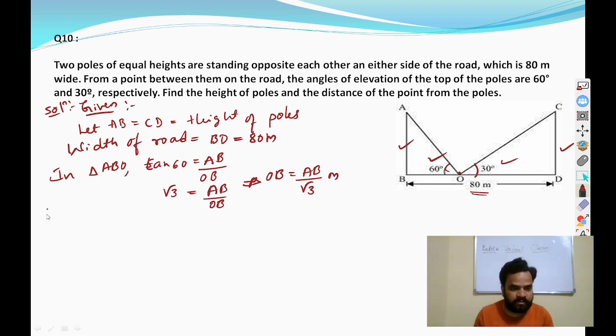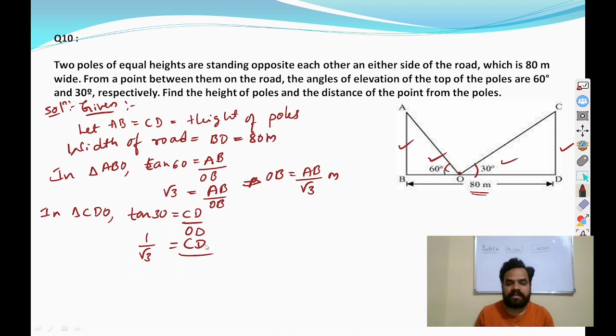I will take one more triangle now, in triangle CDO. Here also I will take tan 30 is equals to CD by OD. Tan 30 value is 1 by root 3. CD I don't know. I will keep the CD as it is, divided by OD. How much is OD?